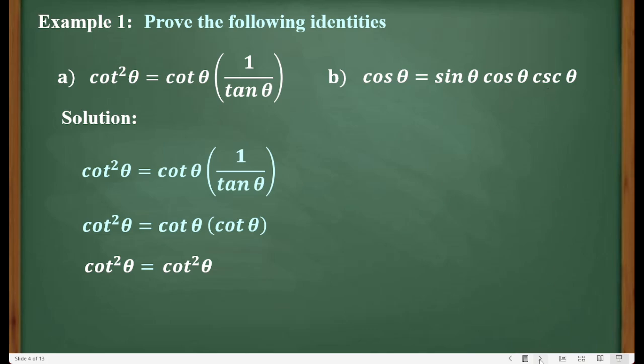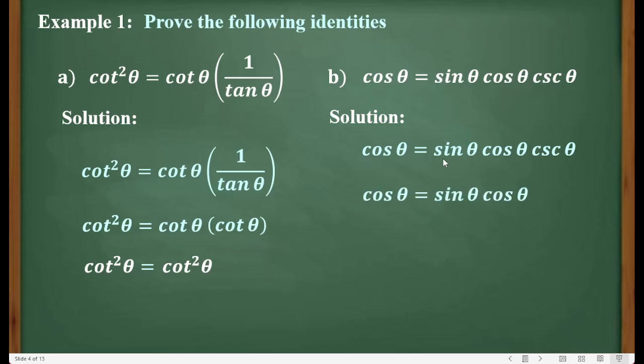Again, just like what we did in letter A, we choose one side to simplify, and when we simplify that chosen side, we need to find out if that simplest form will be equal to the other side. Let us copy the given in letter B. We decided to simplify the right side again.